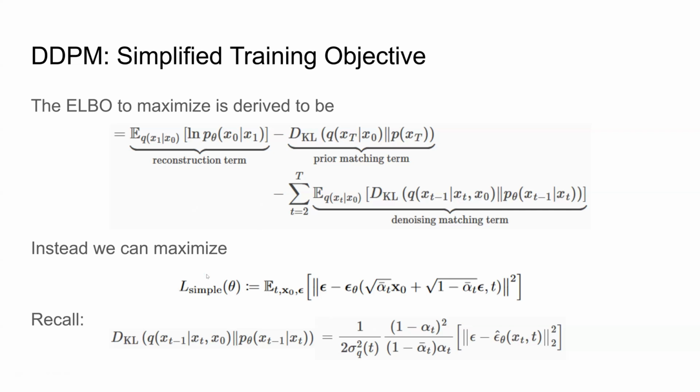So yeah, and the authors, based on their experiments, propose that instead of taking this huge summation here, let's just randomly sample a t from the uppercase T time steps uniformly, and we just calculate the expected value instead of doing this actual sum.